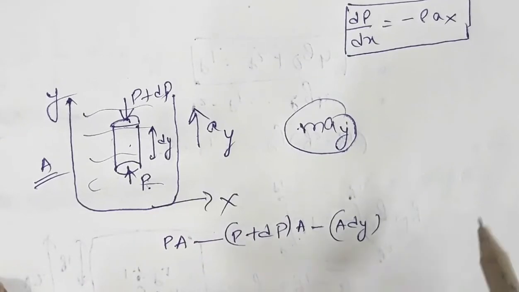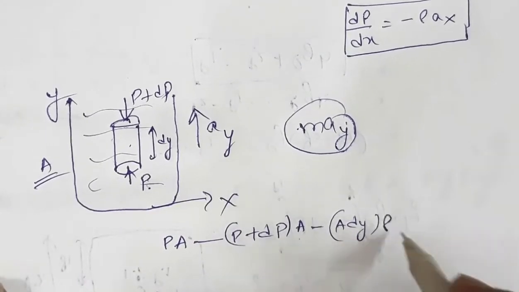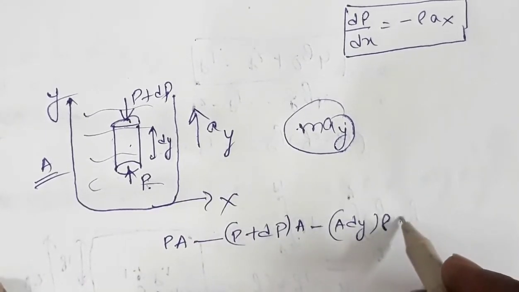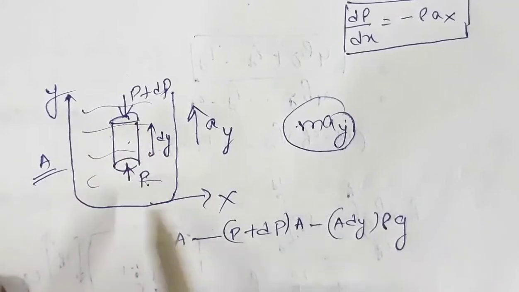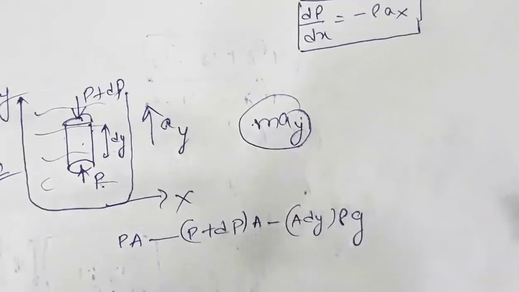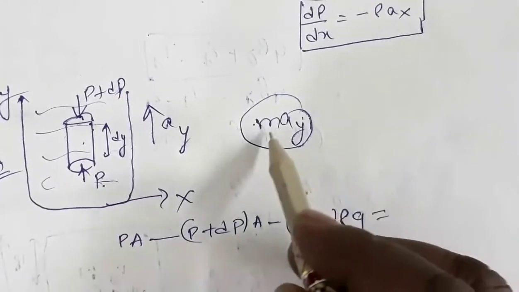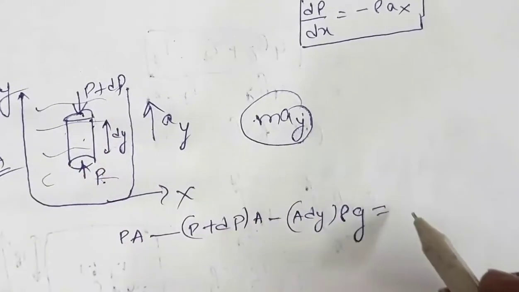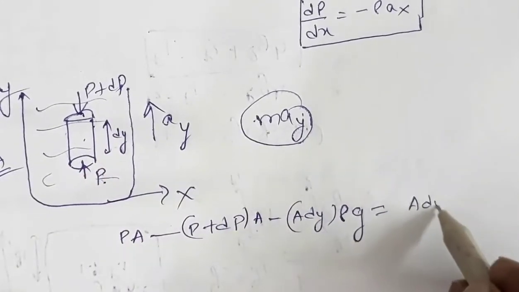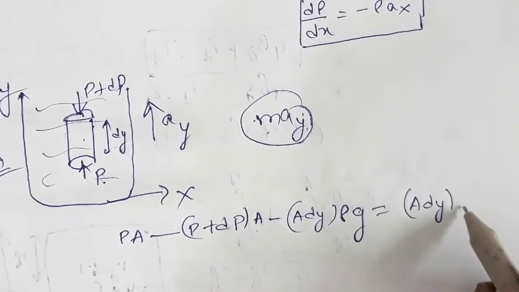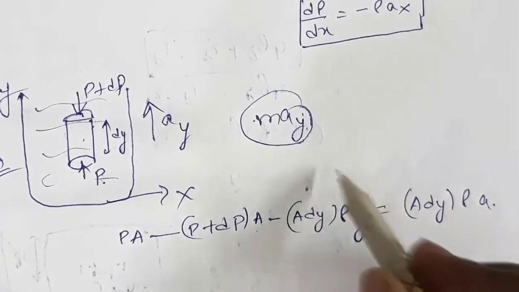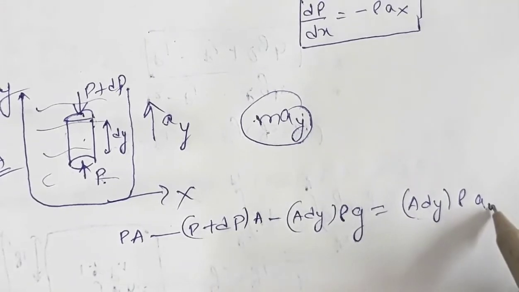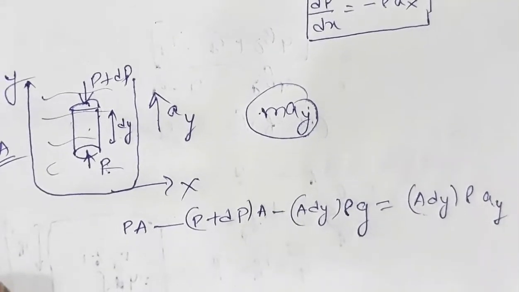This is the volume, into rho density, into g. That is mg, the weight of this cylinder acting in the downward direction, is equal to the net force, mass into acceleration. Mass of this cylinder is A dy, the volume, into density, into ay, the acceleration of the system.